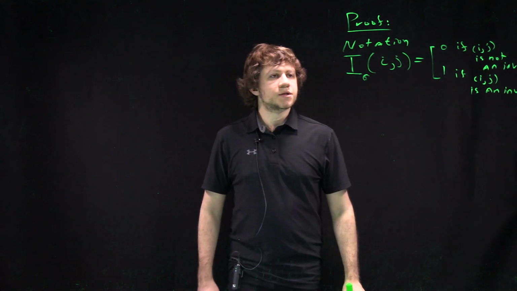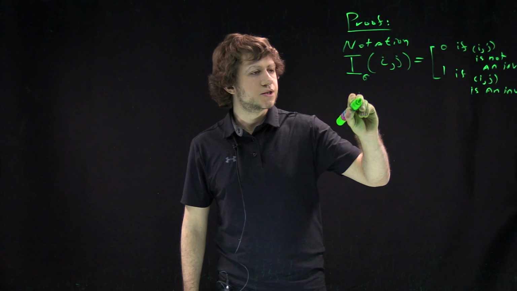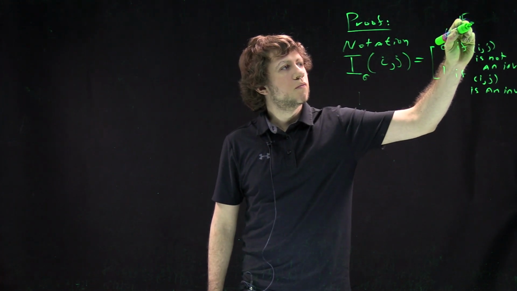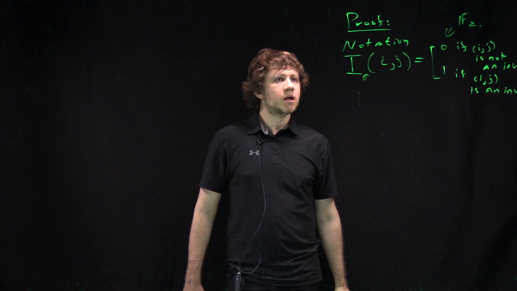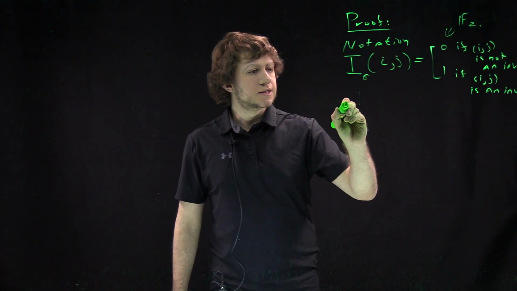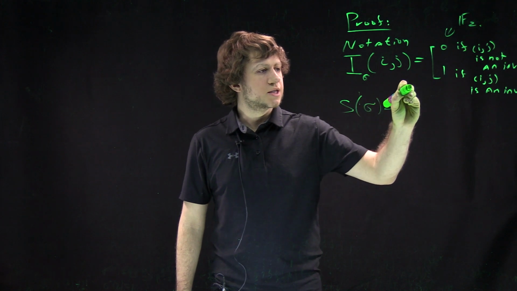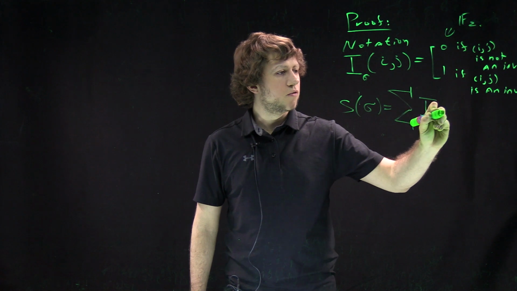Okay, so that's the definition, and I think of it as an element in F2. So that's an element in F2. Fine. Then it's really easy to see that sign of sigma is just the sum of these numbers I sigma of ij.